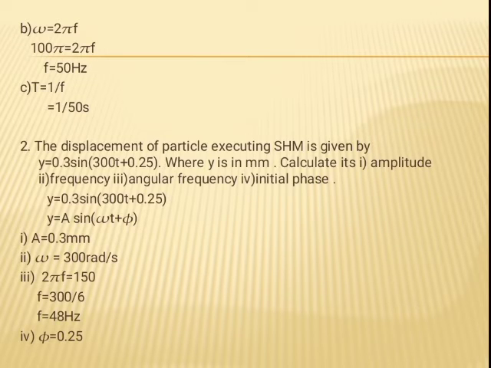Now, let us go on solving. I would write the solution here, you have to write it. Now if I consider the equation given here, y is equal to 0.3 sine into 300t plus 0.25. Now what is the formula for displacement?